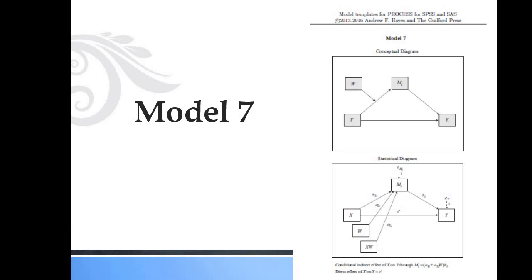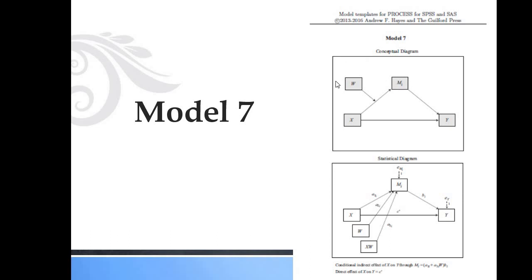The emphasis of this particular session is on model 7. And what is model 7? If you look at the book containing templates for PROCESS, you find there are several models given in the template book. Each model has a specific number, a code, which is used in PROCESS while running the analysis.